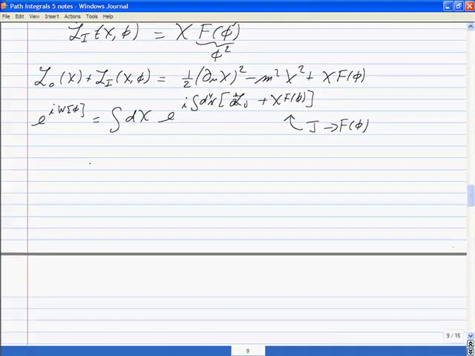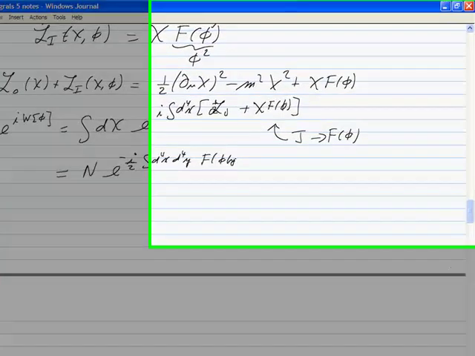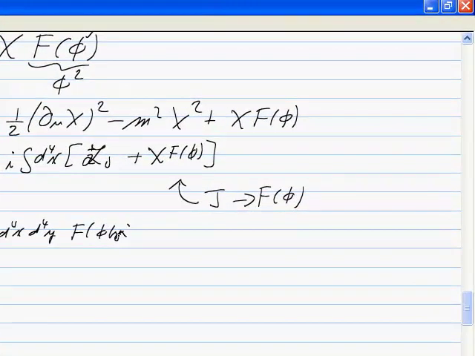So we know the answer from our doing this Gaussian integral before is some normalization which we don't care about, e to the minus I over 2 integral d4x d4y f of phi at x, Feynman propagator of x minus y, f of phi at y. So there's our general result for this.